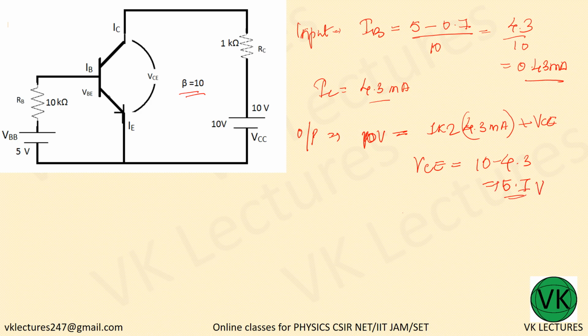So this is positive, which means VC is at higher potential than VE. Okay, so this is positive connected to positive, this is negative. So this is an NPN transistor. So N connected to positive side, that means reverse biased, right? And this is again P connected to P. This is forward.